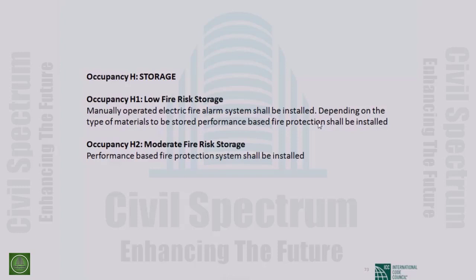So depending on the type of material and the type of fire that can happen, we have to decide the firefighting system, which is to be performance based. For moderate fire hazard, it must be performance based because it is a risk area and it does not give any specific thing.